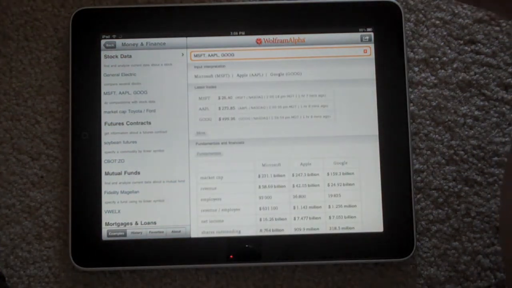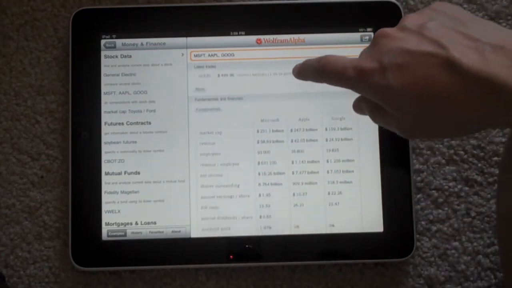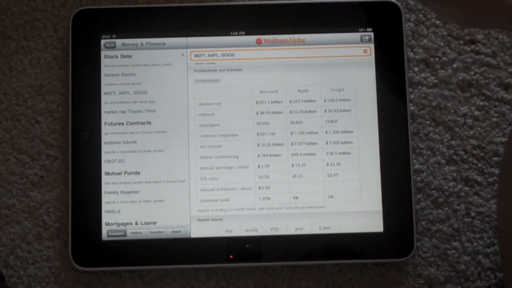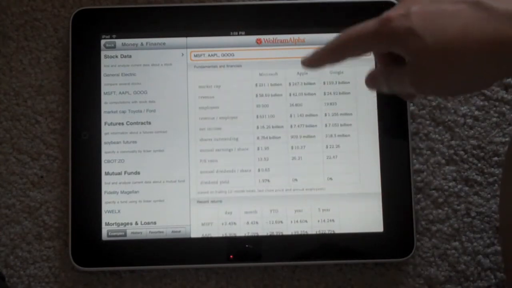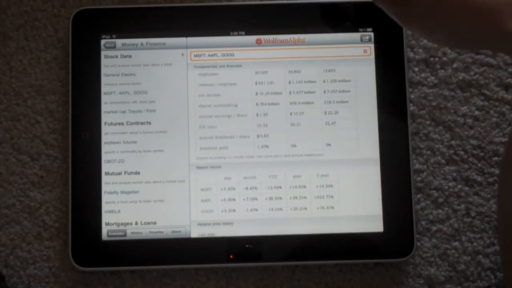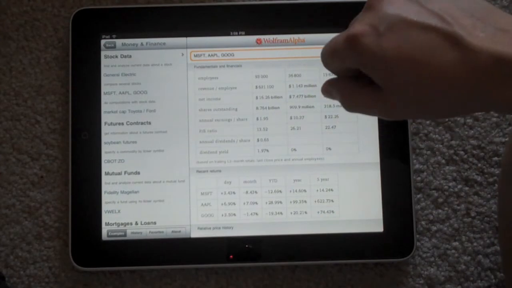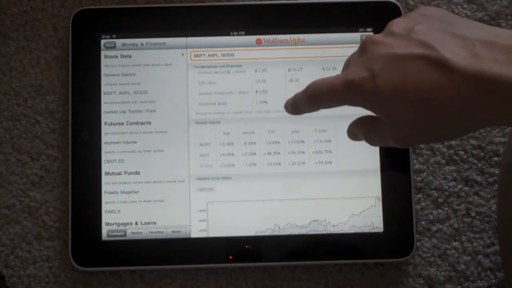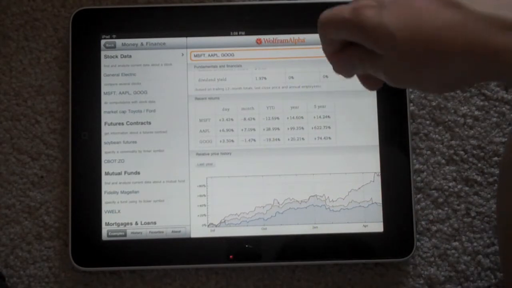of stocks. So here it shows their latest trends, fundamentals and financials, market cap, revenue, net income, shares outstanding, dividend yield, etc. I do not really know much about stocks, so I'm just kind of going to show you what it shows and hope that you understand what it is.